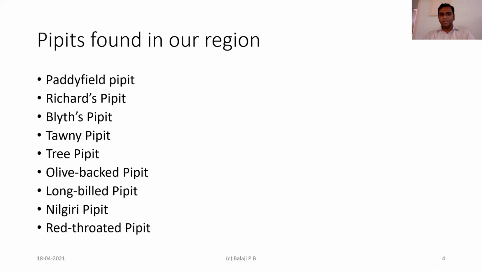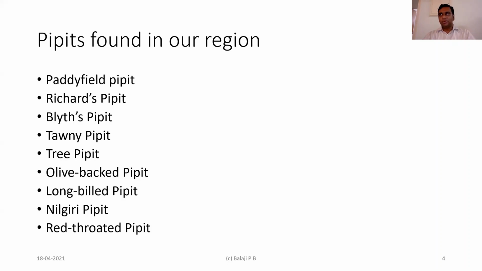If you look at the pipits found in our region, we have the paddy-field pipit, Richard's pipit, Blyth's pipit, tawny pipit, tree pipit, olive-backed pipit, long-billed pipit, Nilgiri pipit, and the red-throated pipit. Now the red-throated pipit is a fairly new addition to this list in South India.